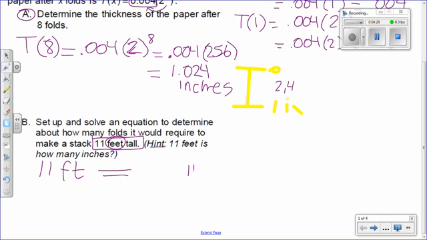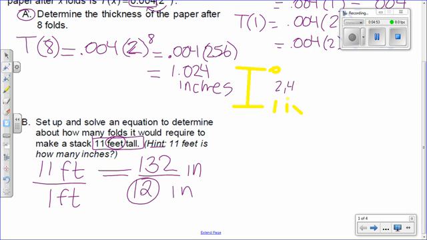What I know is that 1 foot is equal to 12 inches, right? Okay. And so what do you get, Samantha? I got 132 inches. And you got that by doing? 12 times 11. Very good. So we get 132 inches.